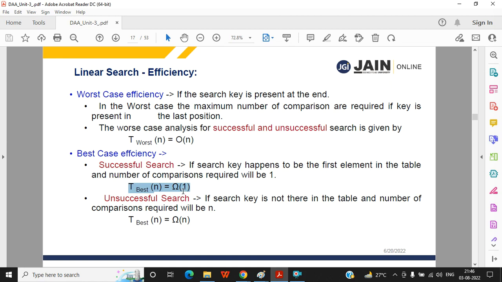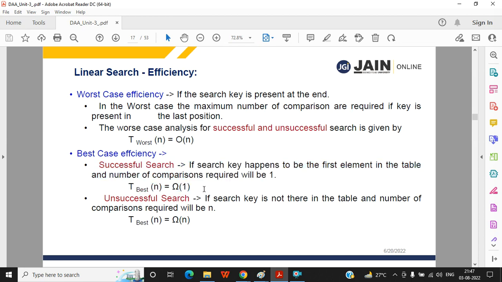But why here did they say, for the best case, successful search? Why is it big O of 1? Because you are getting it the very first time, which means a constant amount of time will be required. Big O of 1 represents constant time.